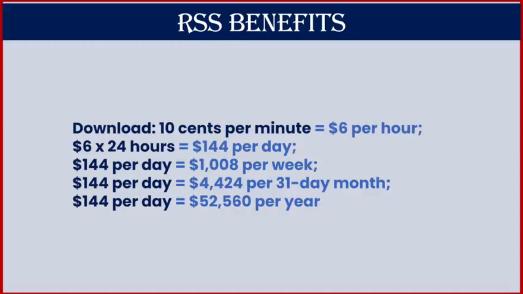At $6 per hour times 24 hours is $144 per day. It's $1,008 per week, $4,424 per 31-day month, and $52,560 per year. We feel that's a significant amount of money just by putting 10 cents a minute into their account.